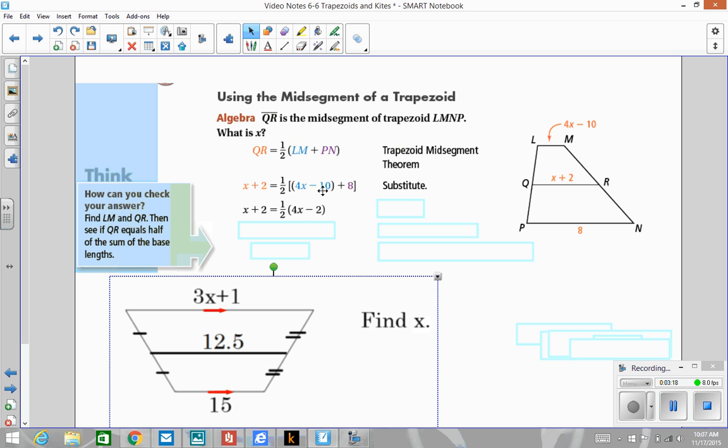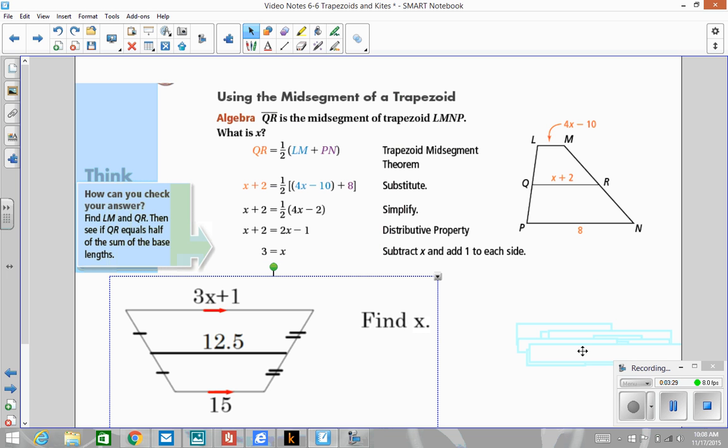We add the 8 to the -2, and we distribute, which gives me 2x minus 2, and then I finish solving, and I get x is equal to 3. Of course, I could also ask you for the length of those pieces. So now, do the same thing here, and find the value of x for this one. On the test, I'll ask you to find the length of the missing pieces also.